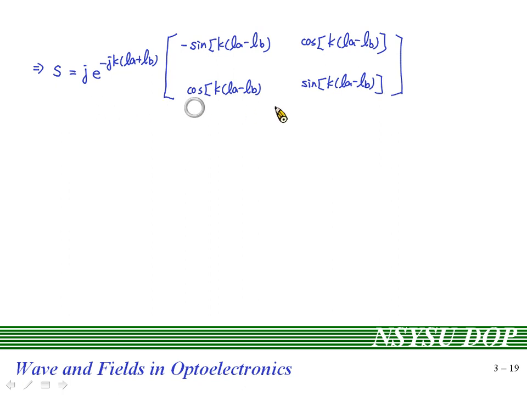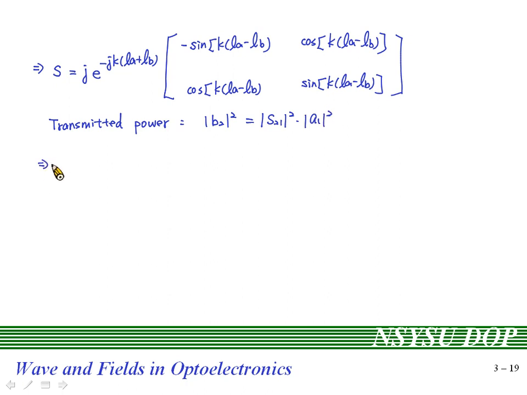And according to the expression of the scattering matrix, you can obtain the transmitted power at port 2, which is the absolute value of B2 squared, and this term can be obtained by the absolute value of S21 times A1 squared.